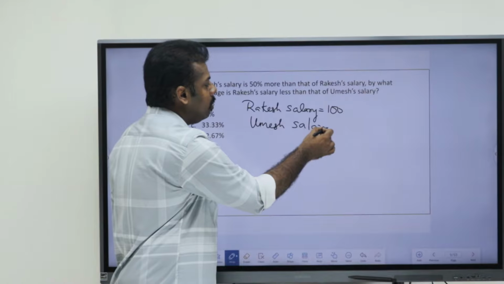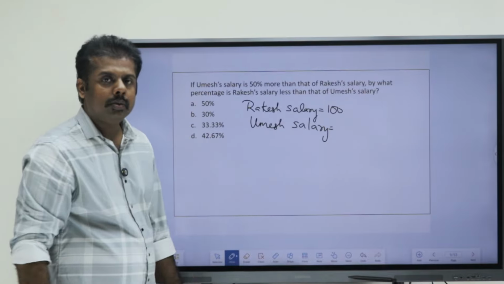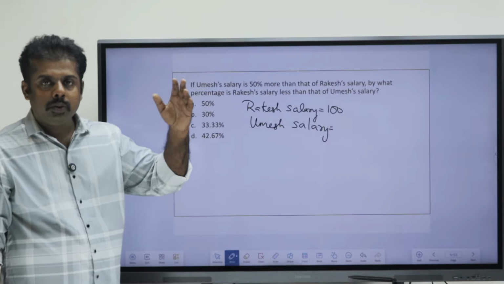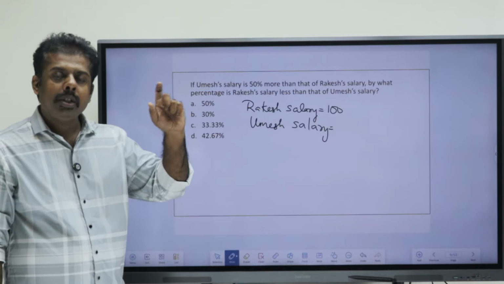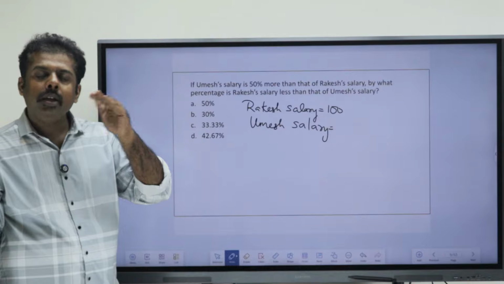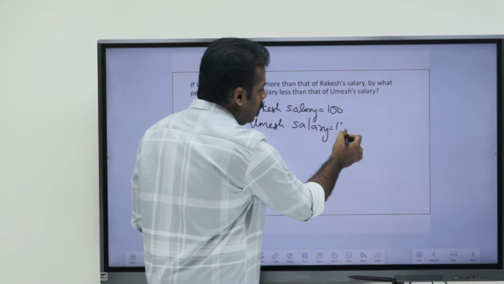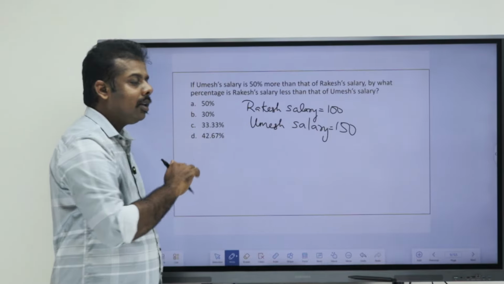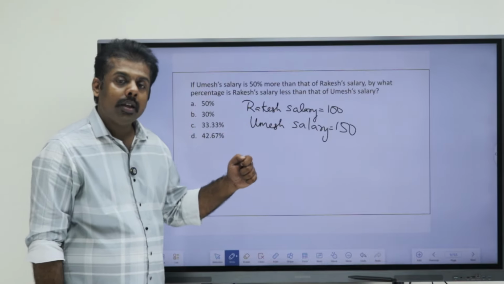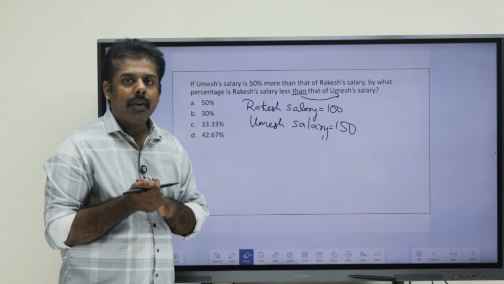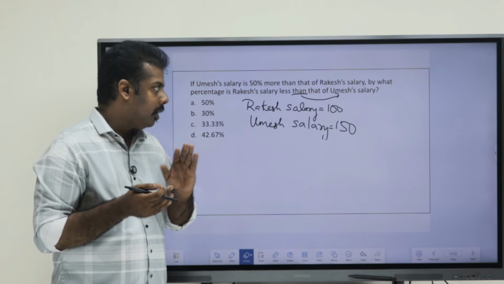As we know, 50% of 100 is 50. For more, you have to add that value. So 50% of 100 is 50. If you add 50 to 100, you get 150. So if Rakesh's salary is 100, Umesh's salary is 150.